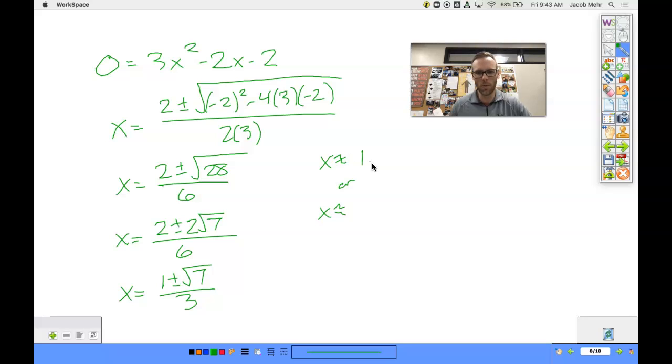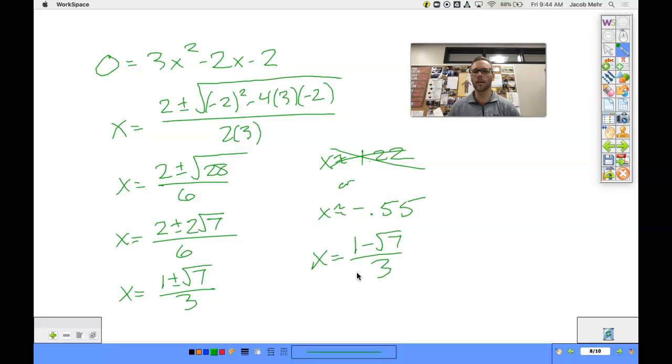There we go. 1.22. Okay, so that's still not in our interval. Now let's do the minus. -0.55. Okay, and that's in our interval, right? So this is the value that satisfies the mean value theorem.